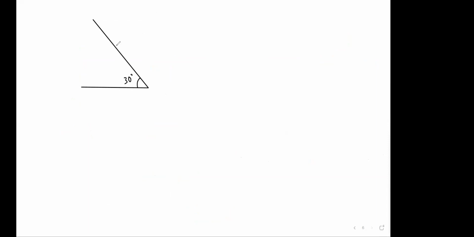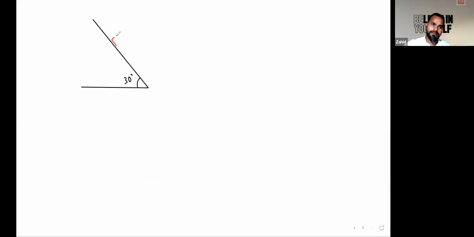There is a block at this particular point having 2 kg, and the roughness at this point, let's say mu is equal to 0.7.